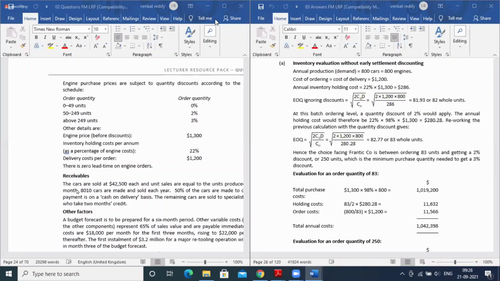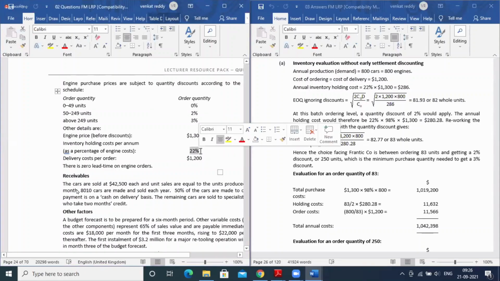Why are we taking 98%? Here, if you're ordering between 50 to 249, we are getting a discount of 2%, right? Now, generally, how did we calculate the holding cost? 1300 into 22%, right? But your order qualifies for a discount of 2%. It means that we cannot take 1300 as the price of the machine.